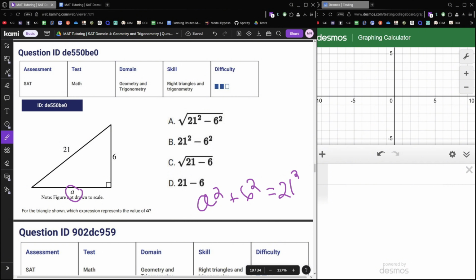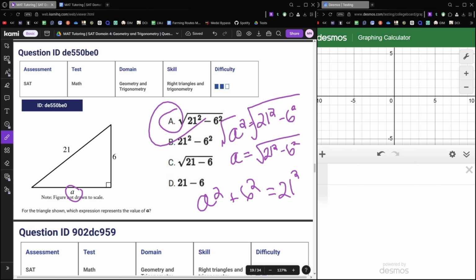Now they want us to represent the value of a, which basically means get a by itself. So we have to subtract the 6 squared to the other side. And then to get rid of the square right here, we need to take the square root of both sides. And we get a is equal to the square root of 21 squared minus 6 squared, which is a. Wait, a is a. Oh my goodness.